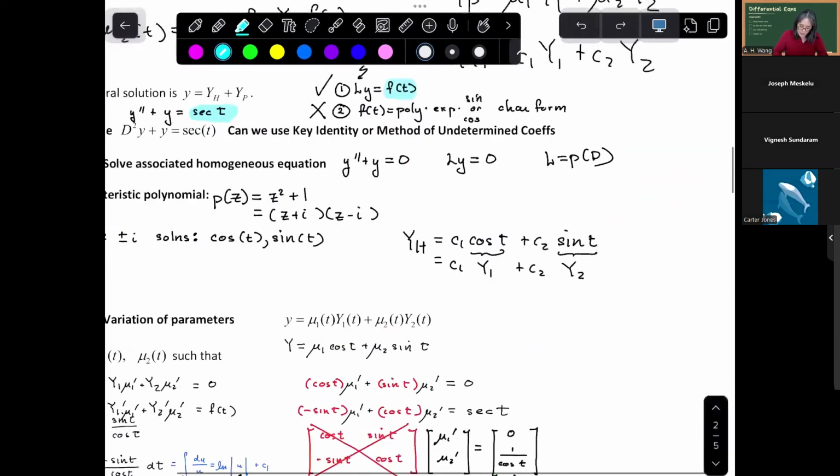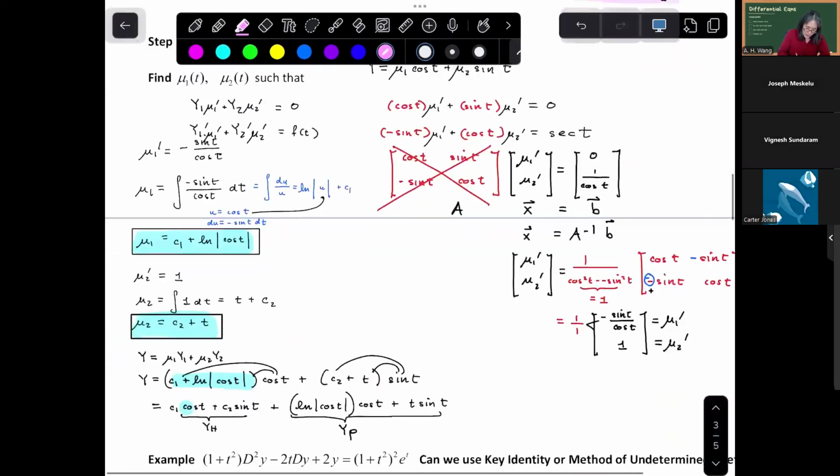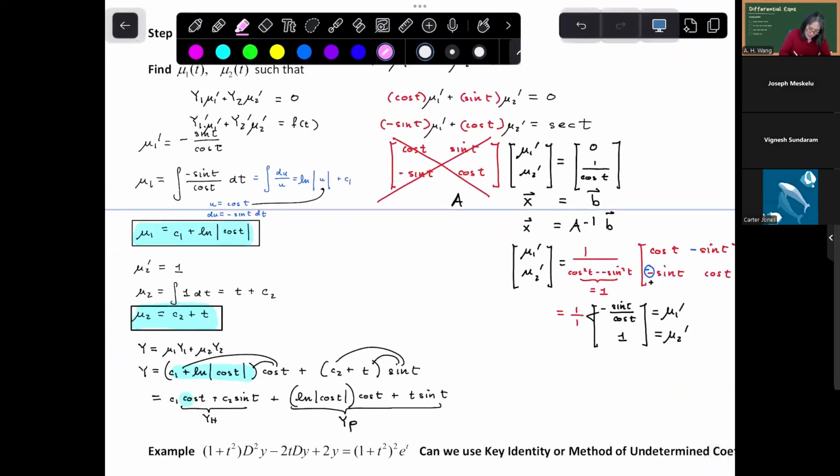So let's go over here. Here's the homogeneous solution to the associated homogeneous. So there it is right here. What we have is this, and then you have this part right here. So that is your solution.